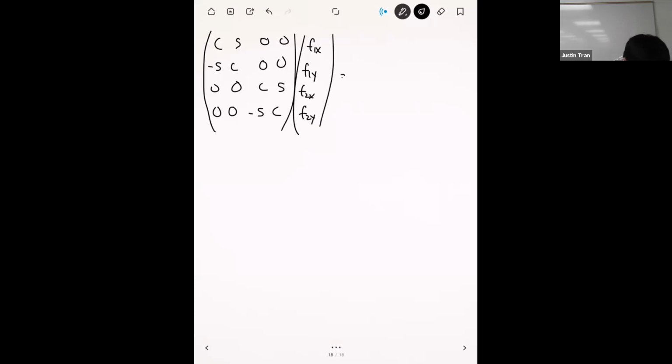This is equal to AE over L times 1, 0, minus 1, 0. So this is the element stiffness matrix term, and this one didn't change.